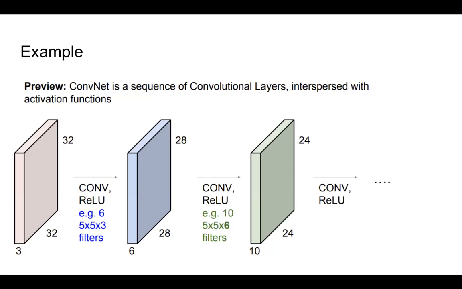So we did that and got the image of 28 cross 28 cross 6 because we used 6 filters. Now we have to do another layer, because 28 cross 28 cross 6 is still a big image, around 784 cross 6, that is about 4,700 values.